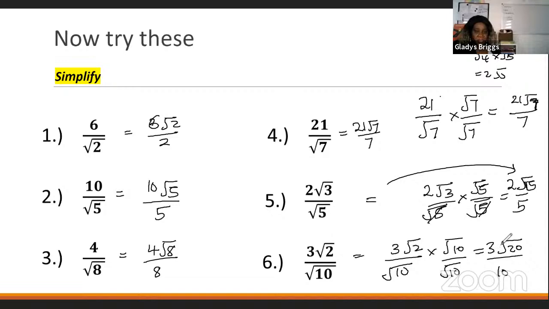Yeah, so 2 times 3 root 5, that will become 6 root 5 over 10. Yeah, where can I put that? I don't know. 6 root 5 over 10. Any questions?